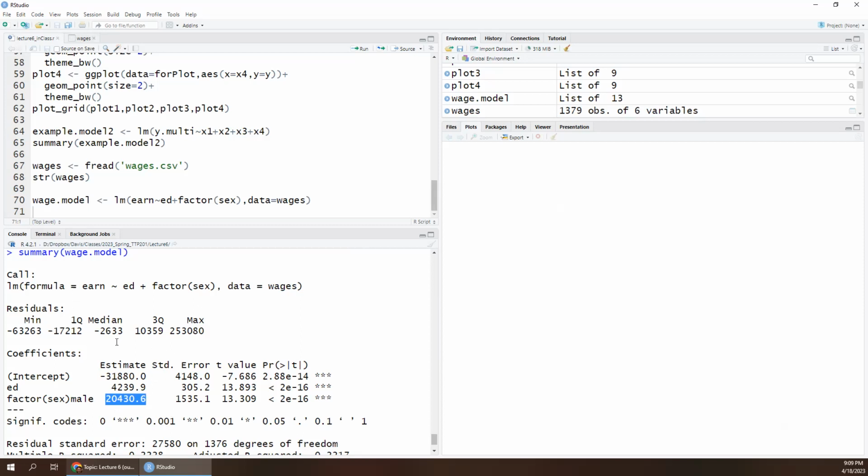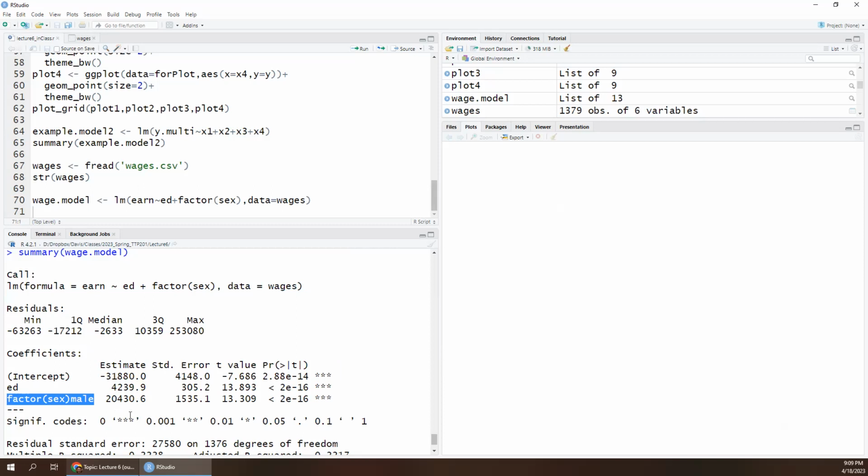And our baseline is female, because that's the one that's missing here. Whatever is omitted from our factors is what is being taken as the baseline.